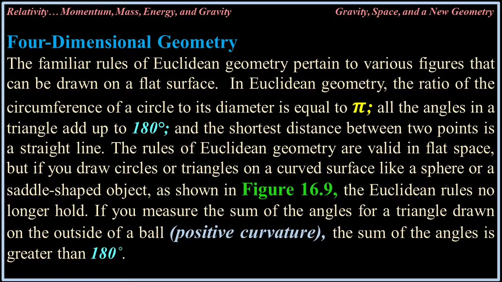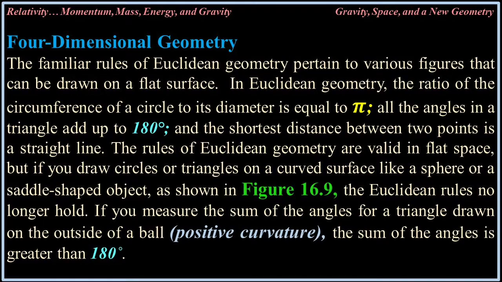4-dimensional geometry. The familiar rules of Euclidean geometry pertain to various figures that can be drawn on a flat surface. In Euclidean geometry, the ratio of the circumference of a circle to its diameter is equal to pi. All the angles in a triangle add up to 180 degrees, and the shortest distance between 2 points is a straight line.